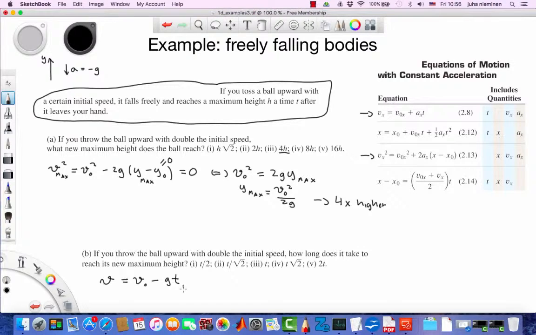So t is the time that it takes to reach the top, and then v is, of course, the velocity at the top. So velocity at the top is 0. So the time that it takes to get there is simply v0 divided by g. And from here we can see if we double the initial velocity, the time it takes to climb to the top doubles as well. So we just have 2t.